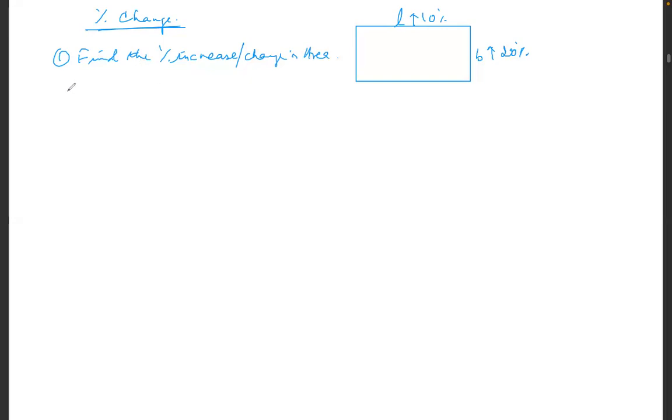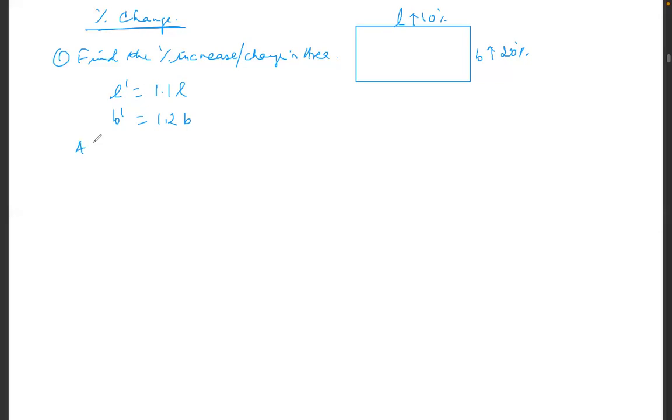1.1 by 1.2. So new length is equal to 1.1 of old length, new width is equal to 1.2 of old width, right?